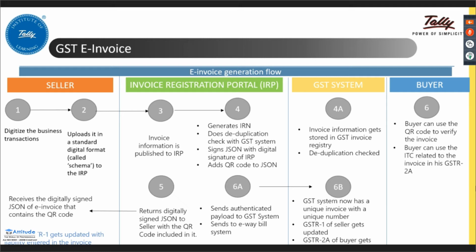If the invoice is correct, then ITC will automatically be available. If the invoice is rejected, then the processes will not be followed and it will be restricted. So that is how the invoice generation flow works.